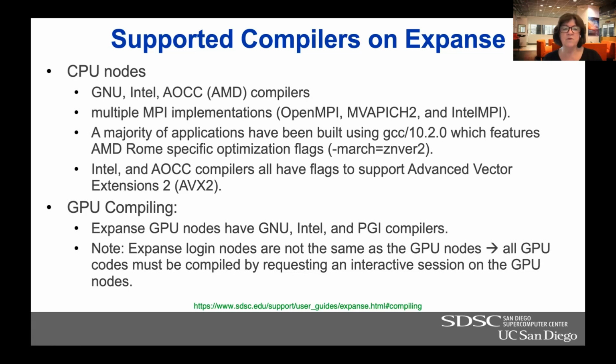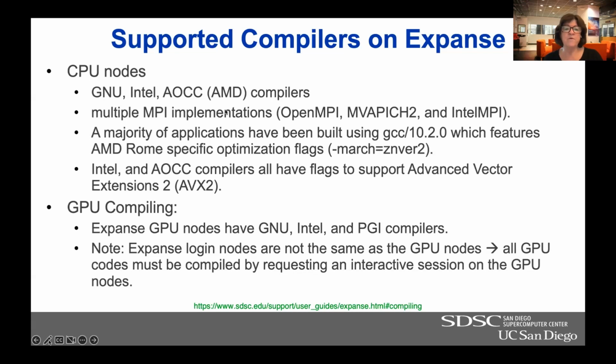There's cases where GNU outperforms these very expensive high-end Intel and AOCC compilers, and there's times when the only thing that will work for you will be the AMD. So you'll have to experiment as you migrate your code onto the system. It's very normal, but you should play with them all and see which one is the best.